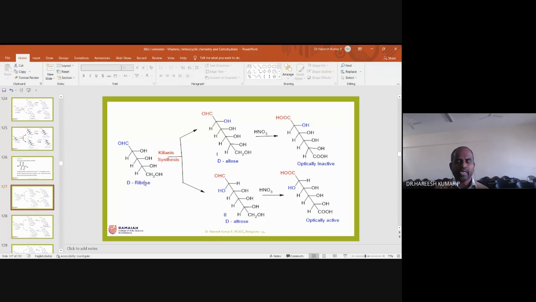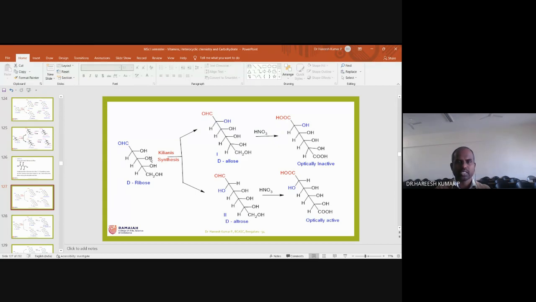So how will you get D-ribose? It is possible to get it starting with the conversion of an aldotetrose into an aldopentose. I'm taking D-ribose, and you can observe OH, OH, OH, OH.